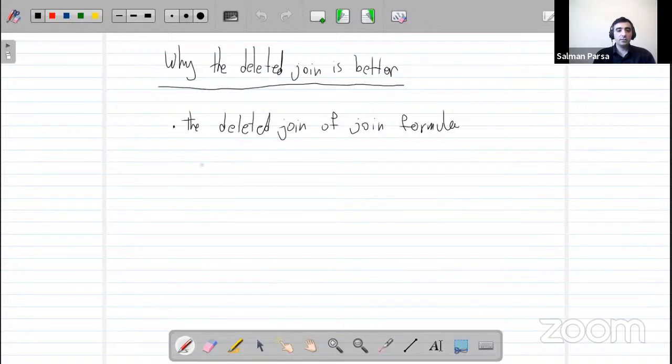It tells you that if you take the join of two complexes and you want to compute the deleted join, this is actually Z2 homeomorphic to the join of deleted joins. So the deleted join of joins is the join of deleted joins.